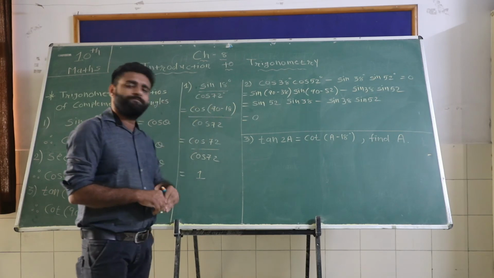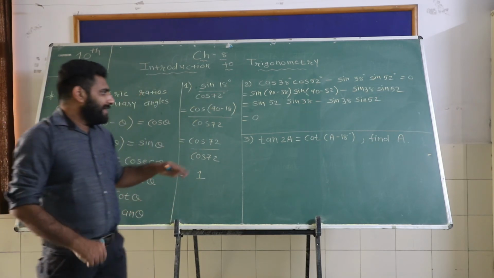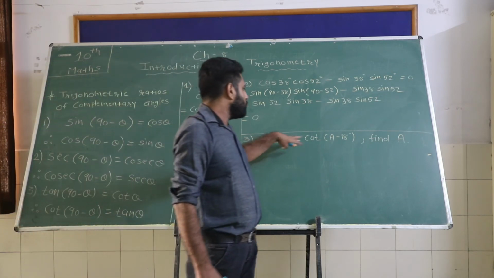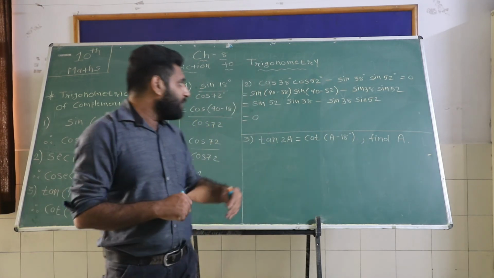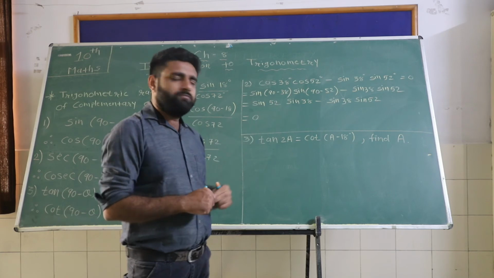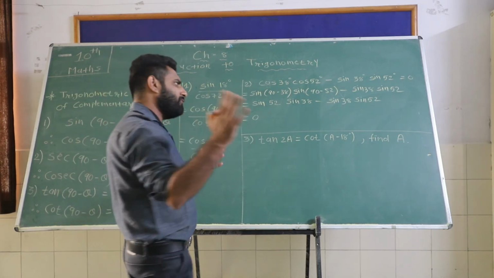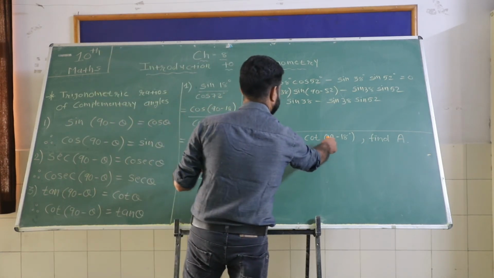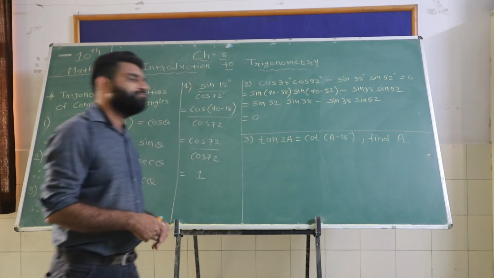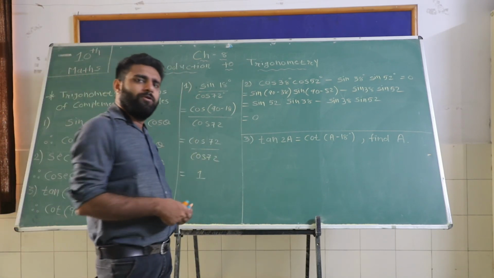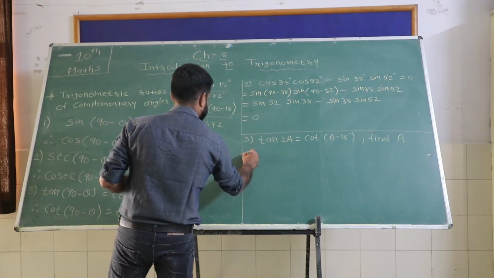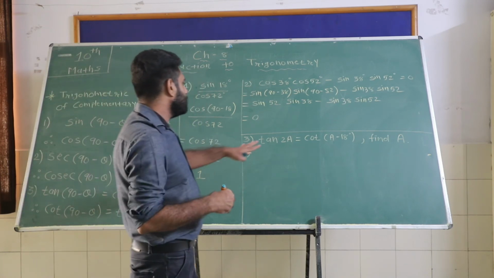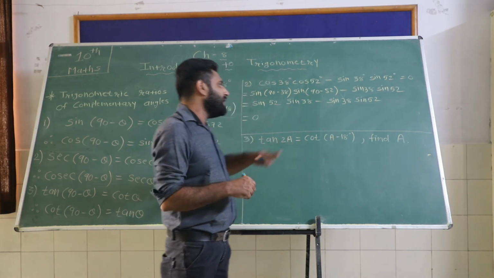See the third one. tan 2a equals cot(a - 18) is given. You have to find the value of a. Of course, a is some kind of angle. For that, what I am doing: tan 2a equals cot(a - 18) given.